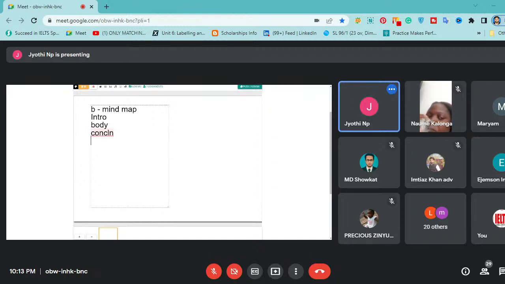So those are the tips before you can start writing. Now, while you're writing, you need to pay attention to your handwriting, spellings, and grammar. In grammar: tenses, subject-verb agreement, and the different types of sentences.